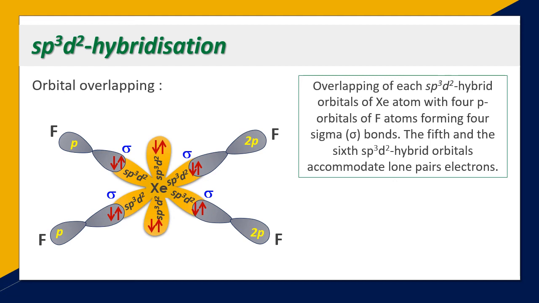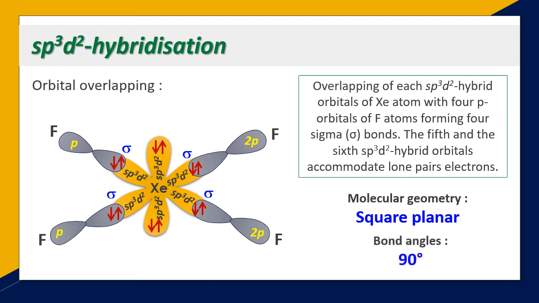Overlapping of each sp³d² hybrid orbital of the xenon atom with 4 p orbitals of the fluorine atoms forms 4 sigma bonds. The 5th and 6th sp³d² hybrid orbitals accommodate lone pair electrons. The molecular geometry obtained is square planar with bond angles of 90 degrees.